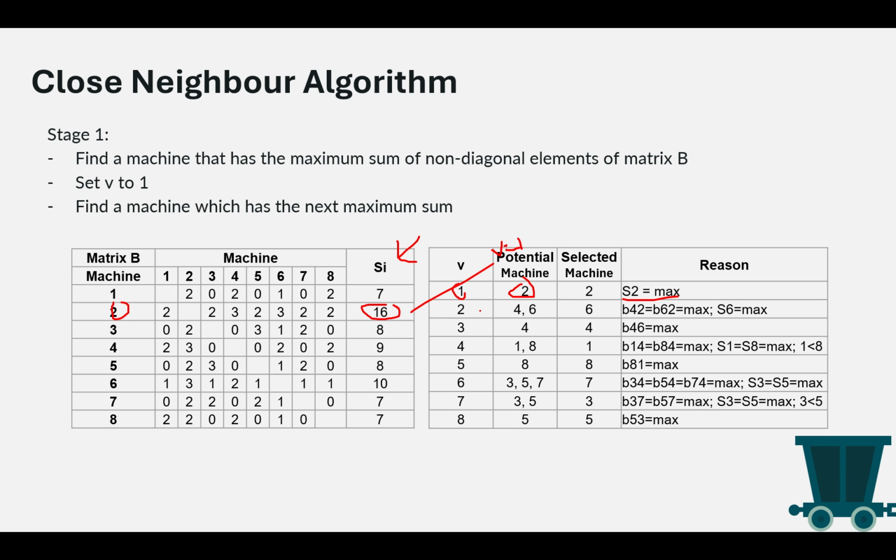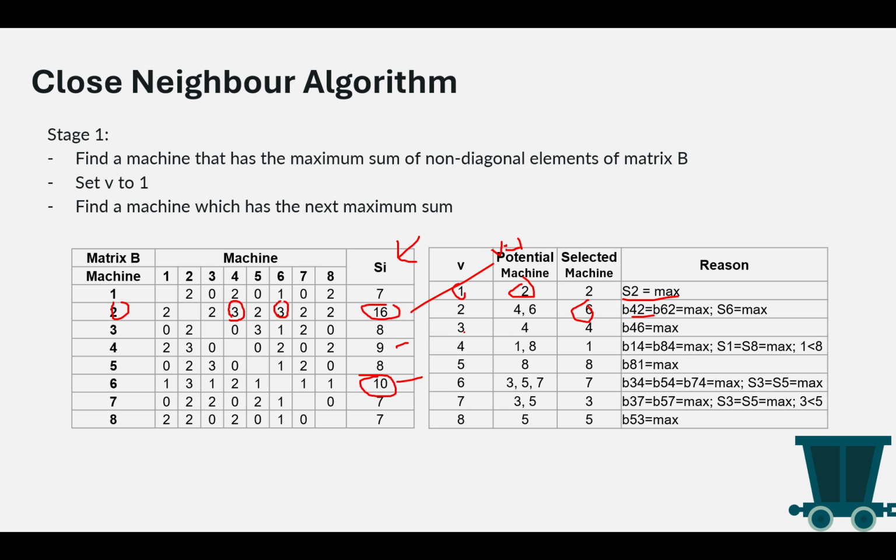And then for number 2 we can determine from this one. We got the highest B, 4 and 4, and then 4 and 6. The highest sum is 6, so we select 6.